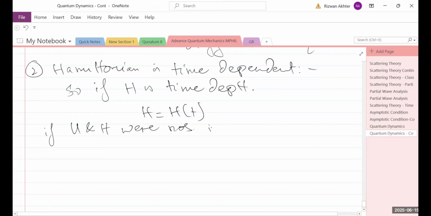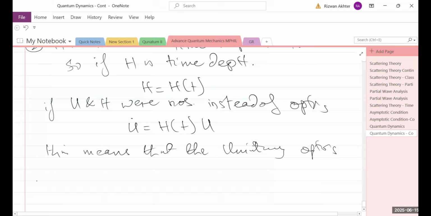So this implies that the unitary operator is just the integral from some time t naught to t.